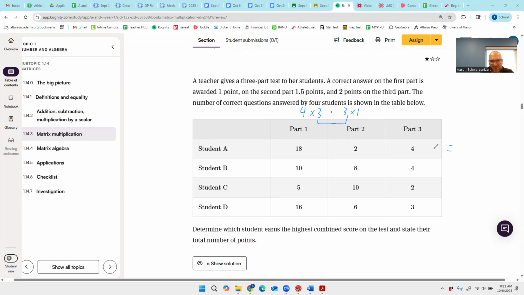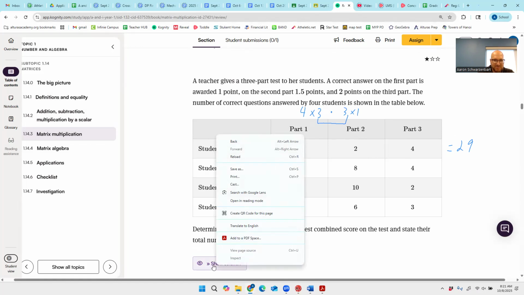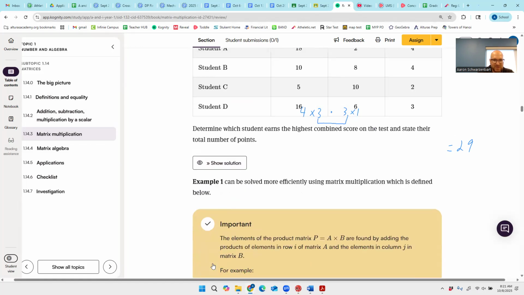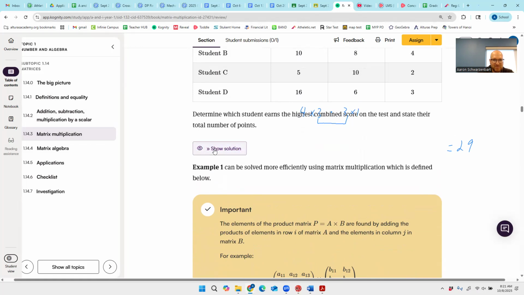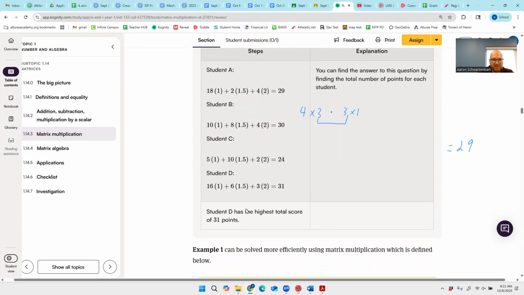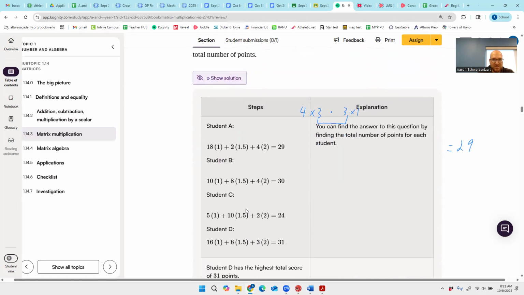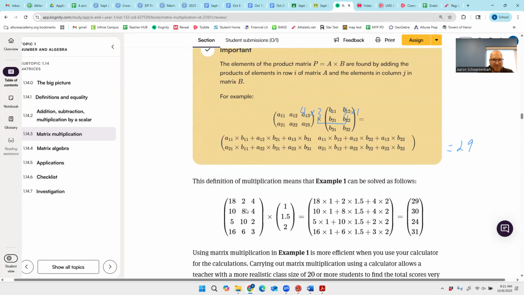So that was 18 plus 3 plus 8, 29. My resultant is the outside ones when I do matrix multiplication. So they end up with student D having the highest score.